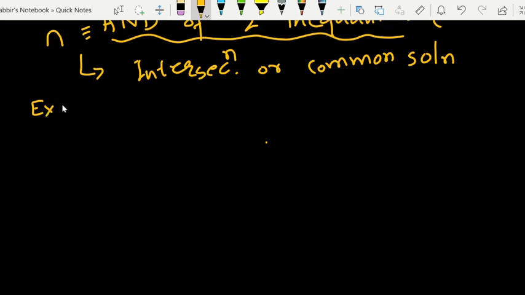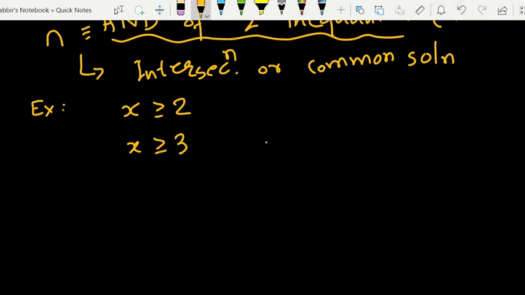So for example, x greater than equal to 2, comma, x greater than equal to 3. This comma is equivalent to intersection only; instead of the comma, if I write the symbol "and", it is the same.